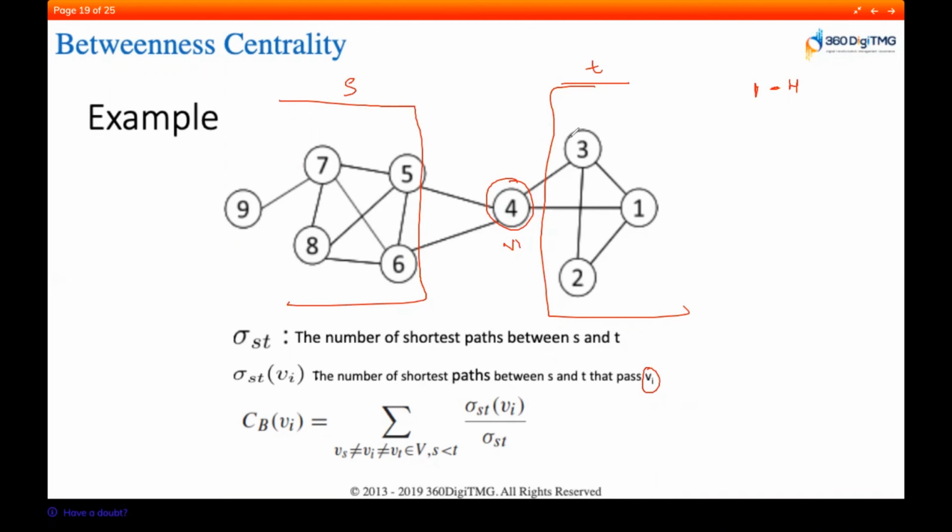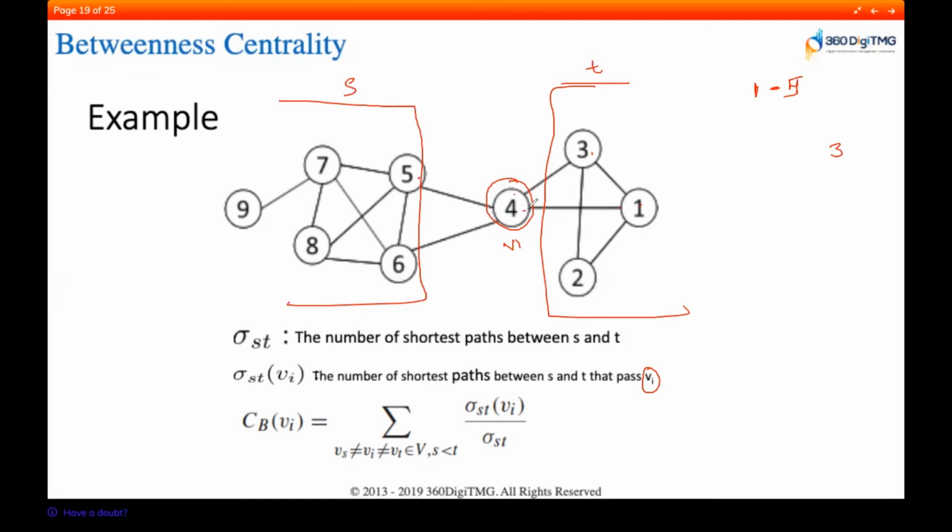Then let's calculate the distance between 1 and 5. So what is the distance between 1 and 5 here? It has to go to 3 first, it has to go to 4 first, and then it has to go to 5. Rather than that, there is a direct connection between 1 and 4, right?